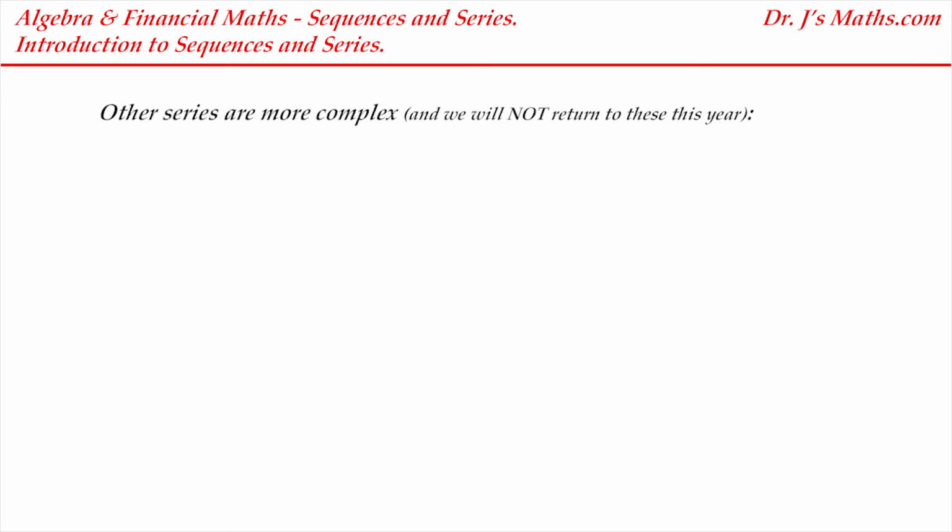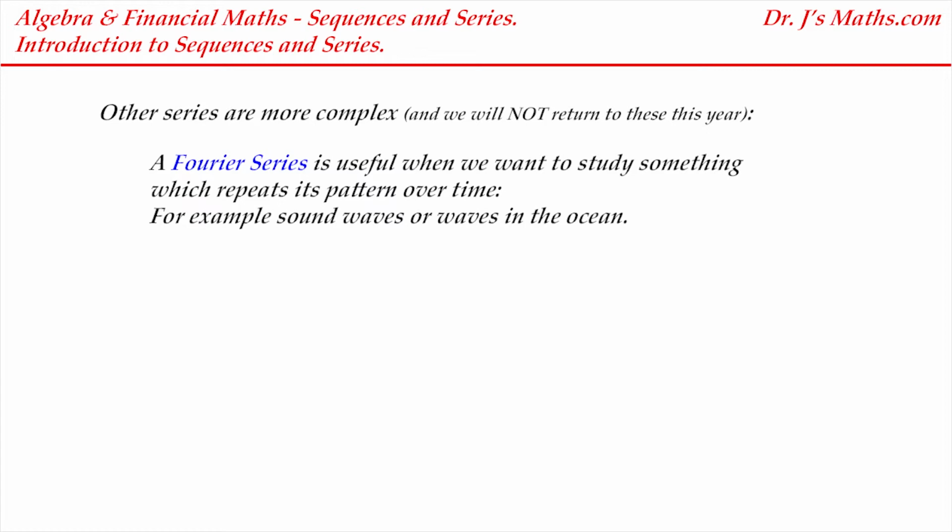So we are going to concentrate on our arithmetic and geometric sequences and series in this course, but there are lots of other series which are much more complex, and we are not going to return to those this year. For example, a Fourier series is useful when we want to study something which repeats its pattern over time, for example, sound waves or waves in the ocean.